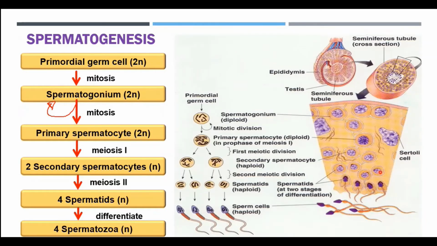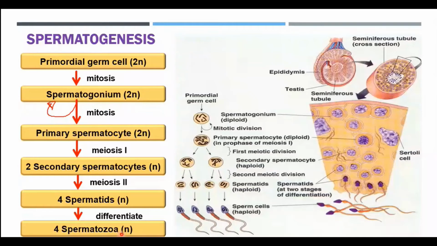These four spermatids undergo differentiation to become another form of spermatids. But the spermatids over here are still hanging on to the wall of the seminiferous tubule. Then the spermatid further differentiates, another round of differentiation, to form the spermatozoa or the sperm, the male gamete.